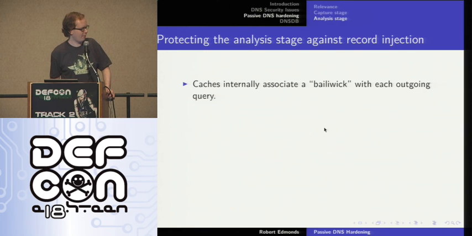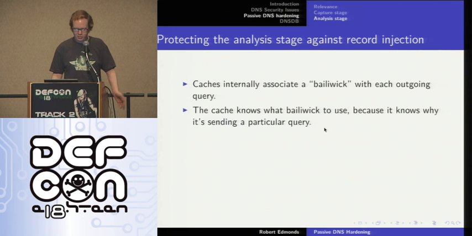Caches internally associate a bailiwick with each outgoing query, and bailiwick is sort of equivalent to the zone, but not really. It's a good enough approximation for this talk. Cache poisoning is pretty much identical between active DNS and passive DNS, and the solution is we're going to keep track of which zone or bailiwick we expect the answer to be contained in, and we're going to discard any response records that aren't contained in that zone.